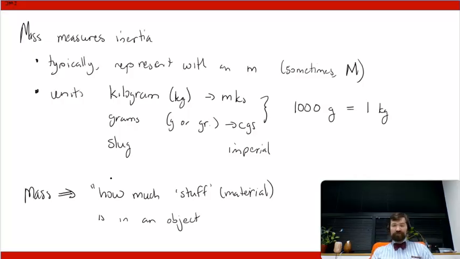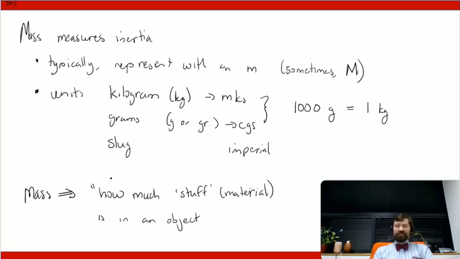Now there have been proposals for how to define a kilogram or how to define mass separate from this. A simple idea of it is to ask what inertia this is equivalent to. And so one way of doing that is to take some pure material, carbon, for example, usually carbon 12, and to say how much of this carbon 12 do we need to have in order to make up this much mass.